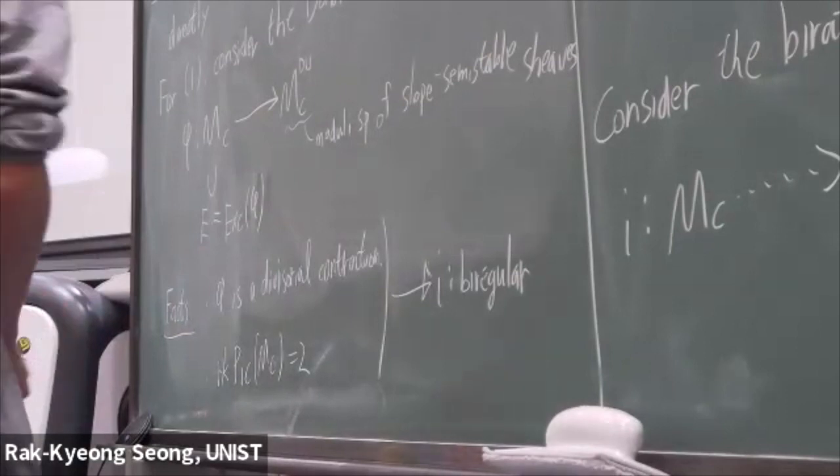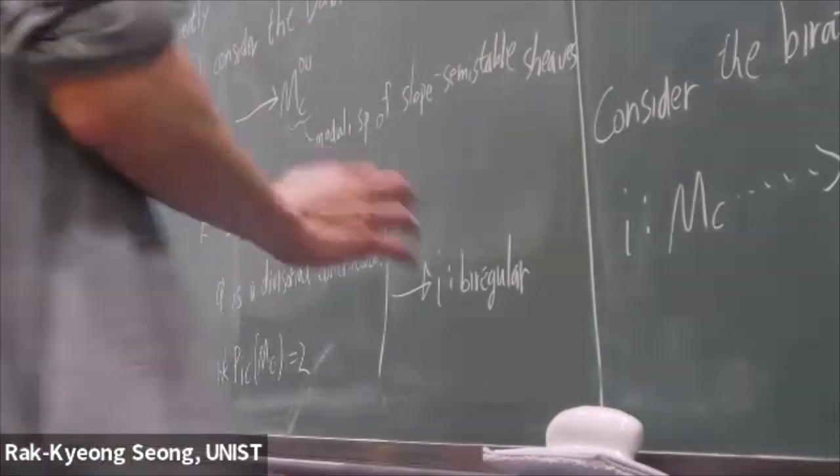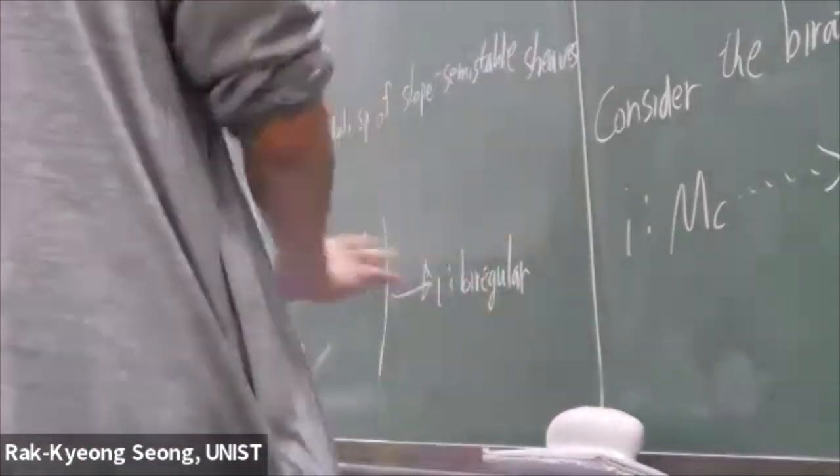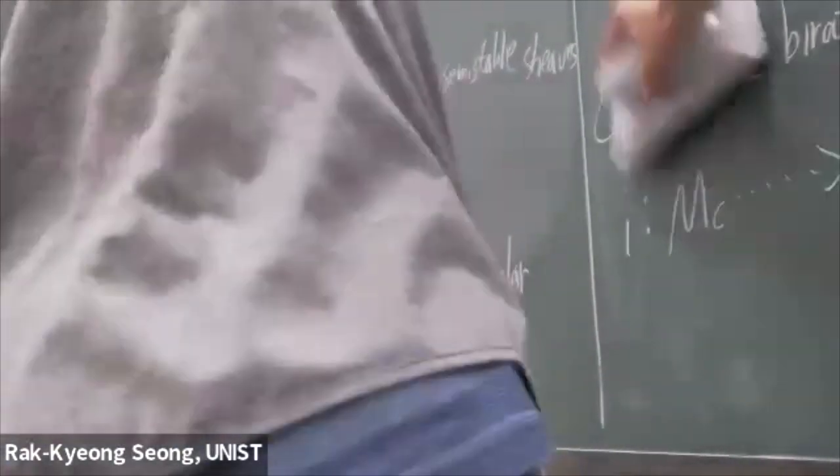In that case, usually if the Picard rank of the moduli space gets bigger, it tends to have more and more birational models, and so probably this is not biregular, just birational.